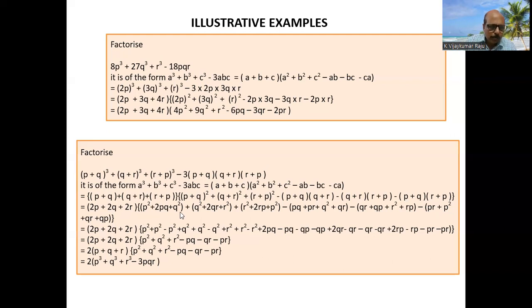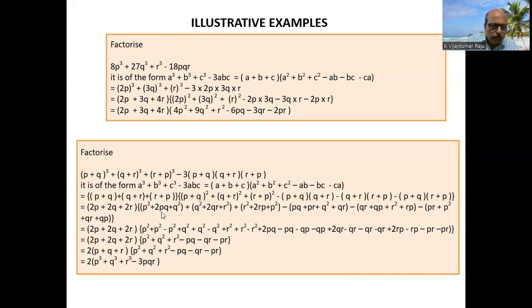Now you see, when you open this second bracket, p square is here. You have a p square here, you have a p square here, bring them together. And you have one minus p square, because of this minus. Then q square minus q square, r square minus r square.